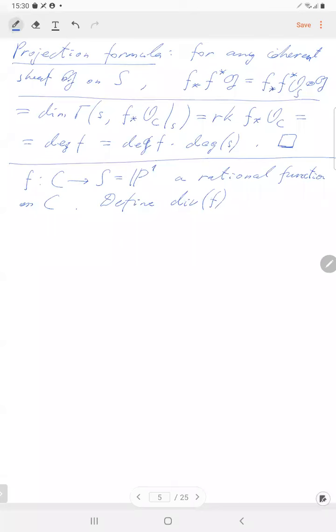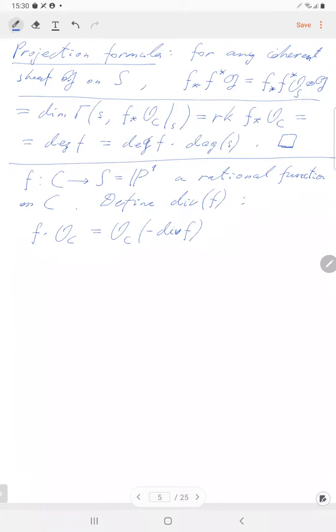On the one hand, you take f times the structure sheaf. There's a fractional ideal, and necessarily this fractional ideal is of the form O_C of negative of some divisor, and this divisor is the negative divisor of f. So this was a definition.